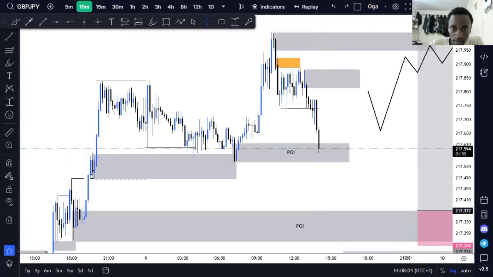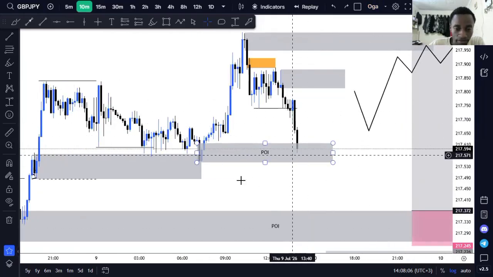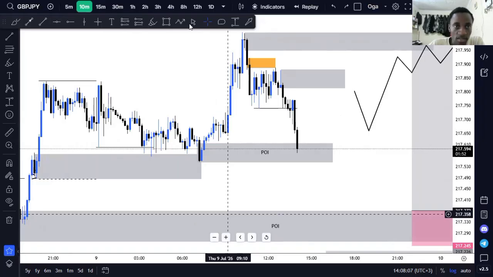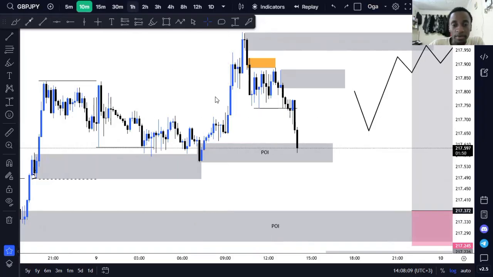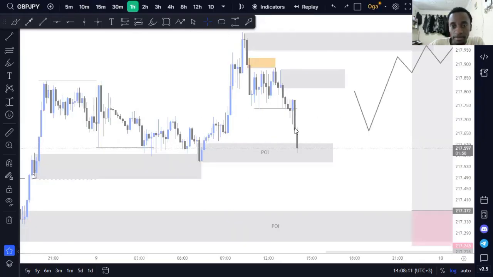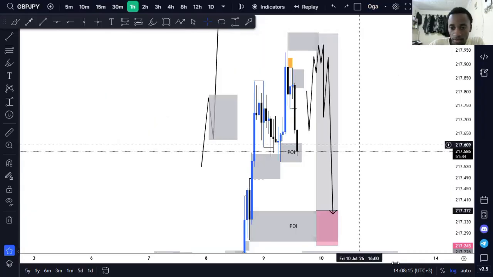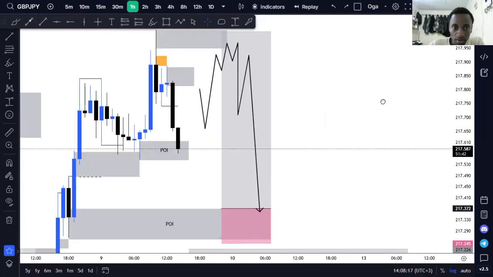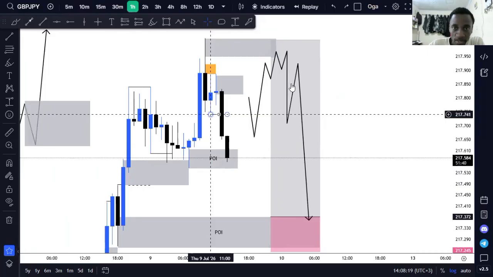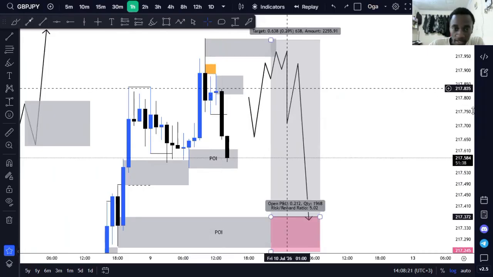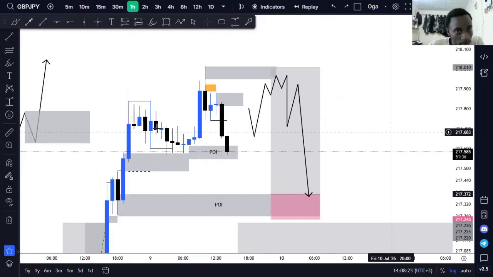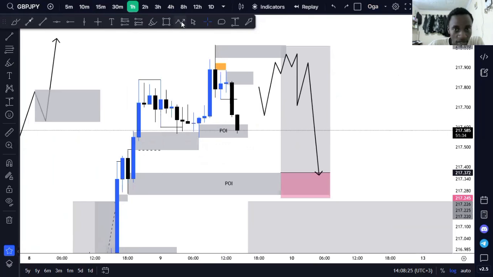So what I'm saying, price can do this. Since it has closed below this point here on 1 hour time frame, we can have a pullback. Hope you are getting me.